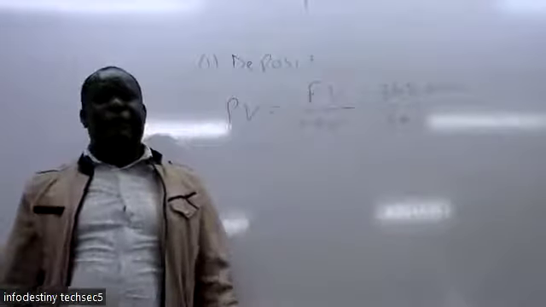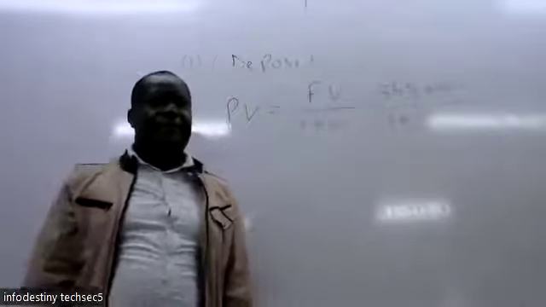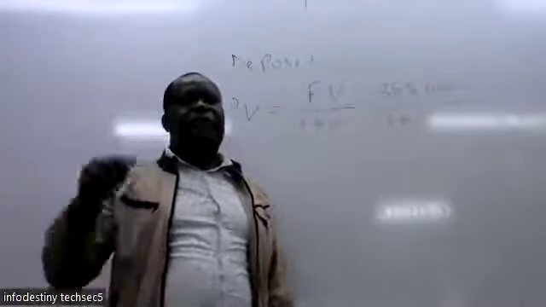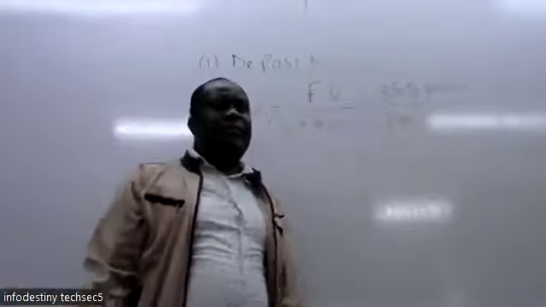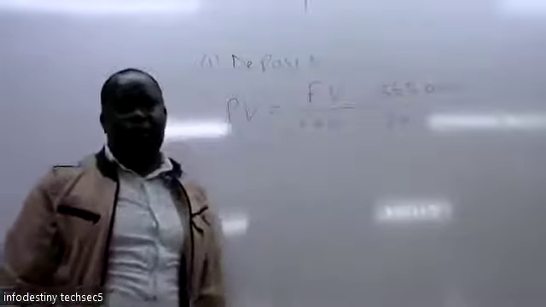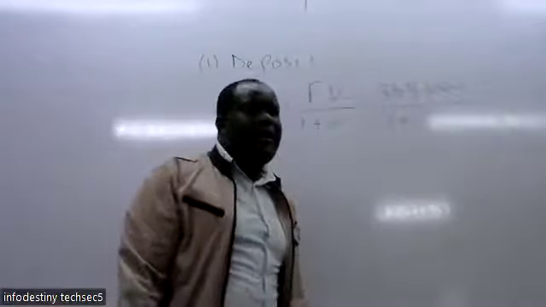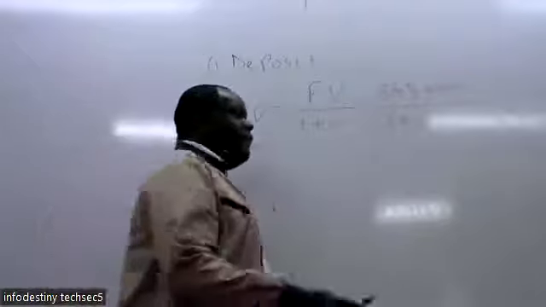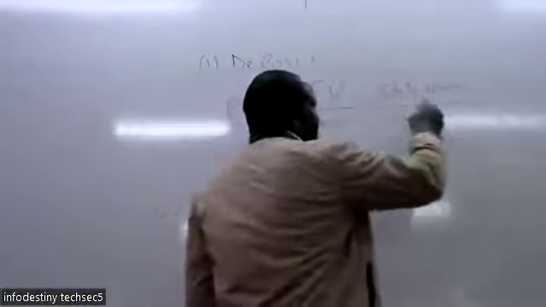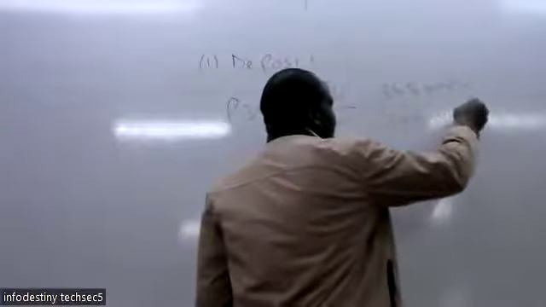So 9% is per annum. But this is for how many months? 6 months. So 6/12 multiplied by 9. So that interest rate will be 4.5%, which is the same as 0.045.